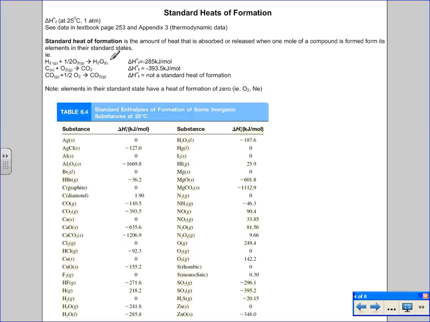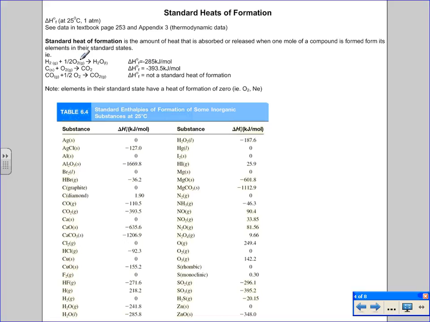So if you look at these examples here, we've got H2 plus half O2 going to H2O, and this is a heat of formation. We're forming 1 mole of liquid water from its elements, so from hydrogen and oxygen, in their standard states. So hydrogen being a gas and oxygen being a gas in its standard state.